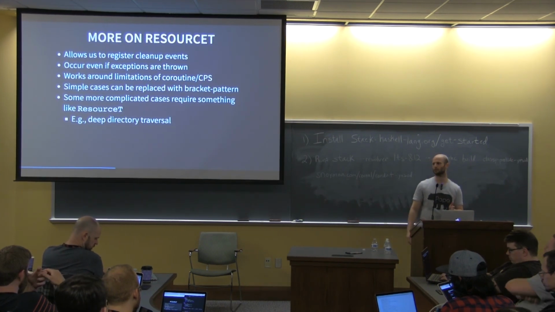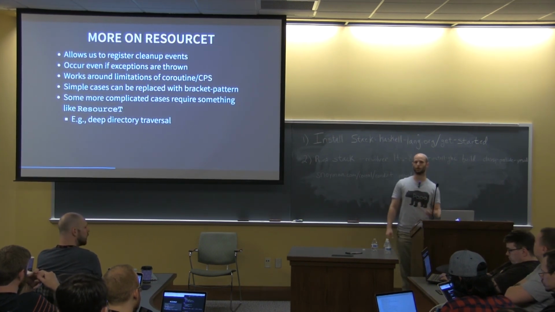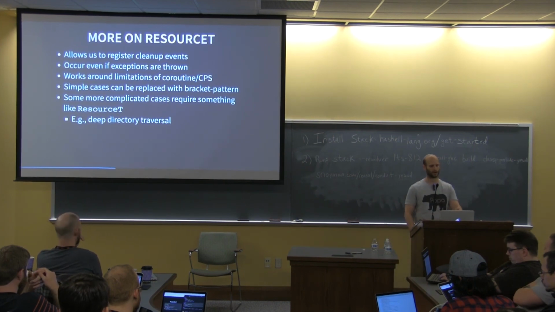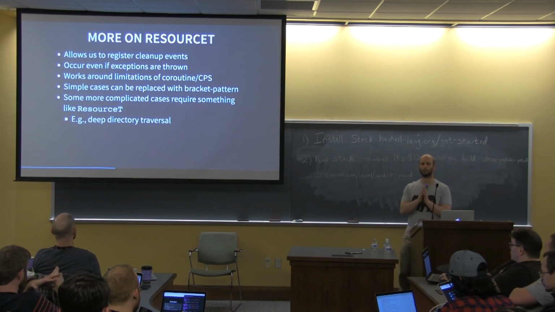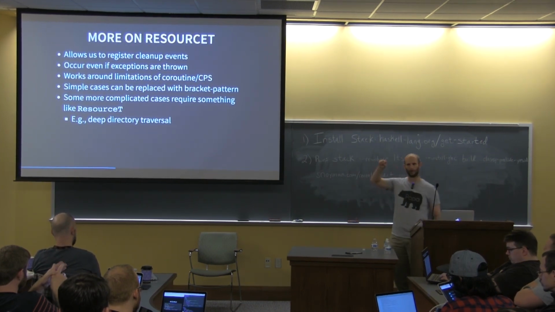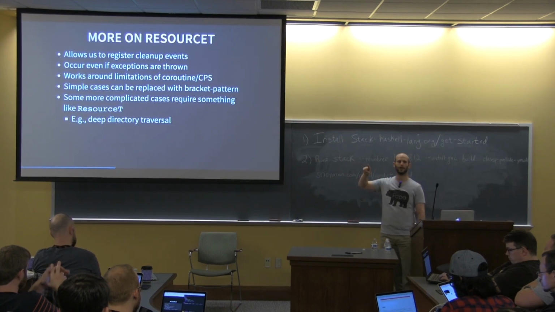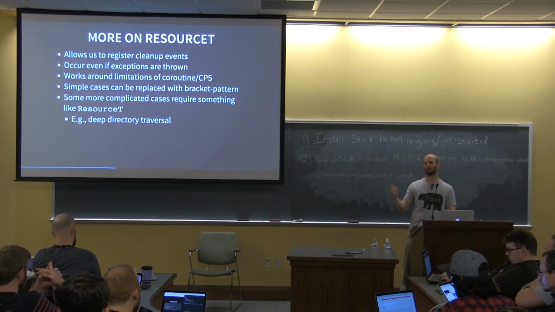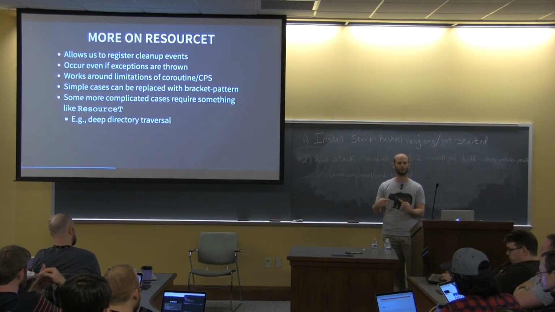Also, there are some use cases where ResourceT is the only way to efficiently do this. A good example of this is a deep directory traversal. Let's say that you're going to go inside a directory multiple layers. Each time you go into another layer, you're going to have to grab hold of a new directory handle, and you're going to have to register an action to close it up.